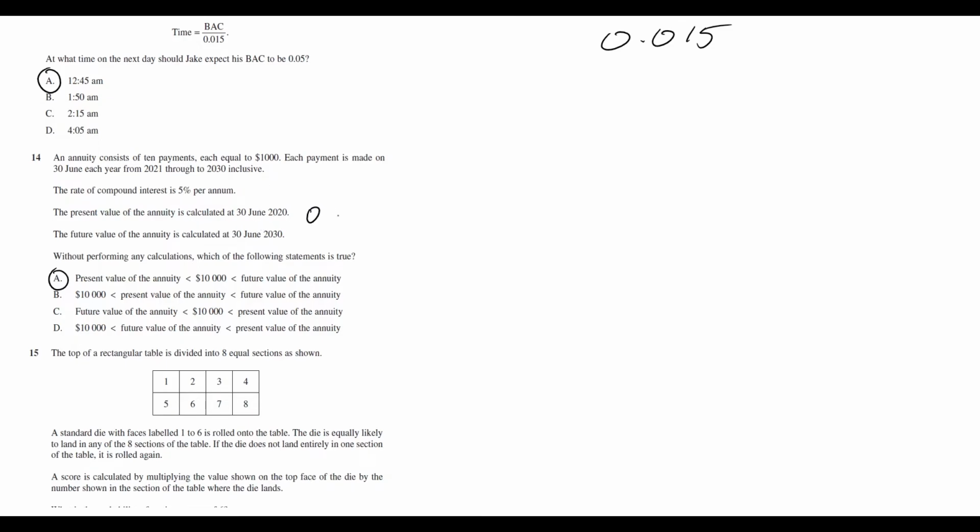So the present value would actually be zero. The future value, well, we'd have to use an annuity table to figure that one out, but we should know that it will be greater than $10,000, because all up, we will have put in $10,000 and we'll have been making a compound interest rate of 5% per annum profit. So we'll see that option A is our correct answer.